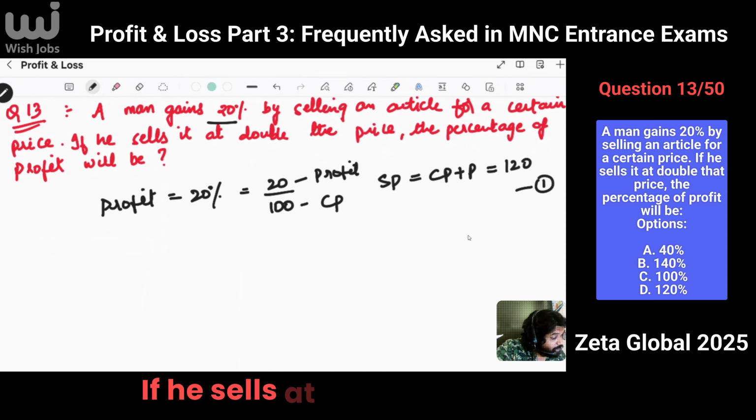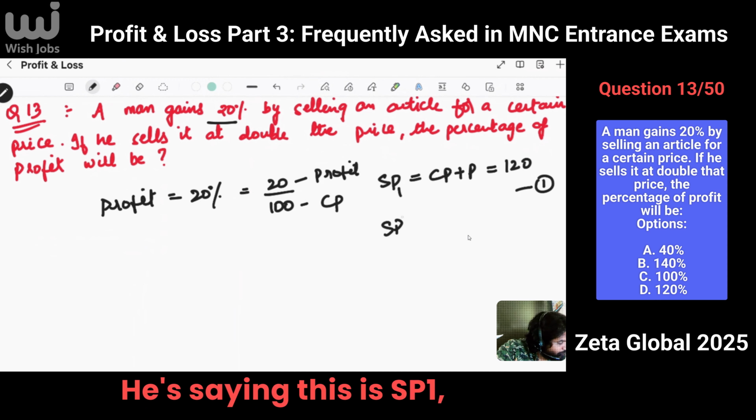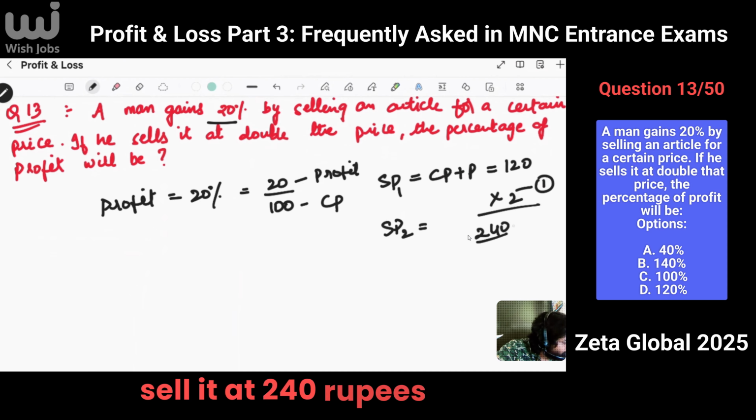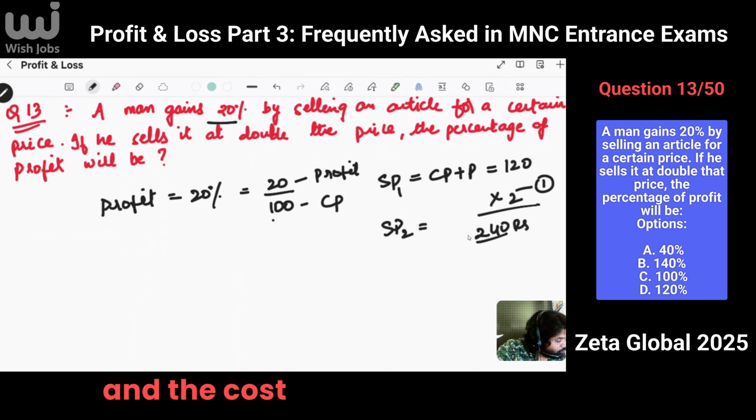If he sells at double the price, the profit will be? Suppose this is the selling price, SP1, and this is selling price 2. He says if you double the price, that means you would sell it at 240 rupees, and the cost price is 100.